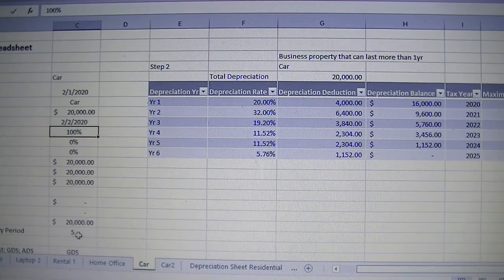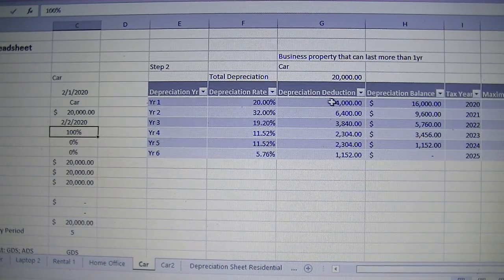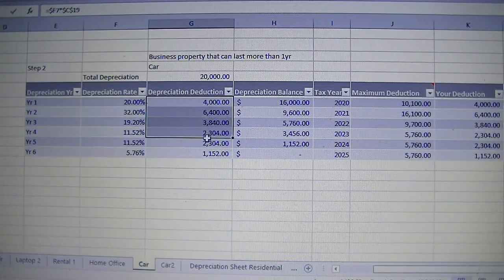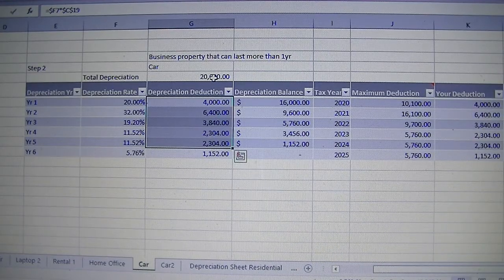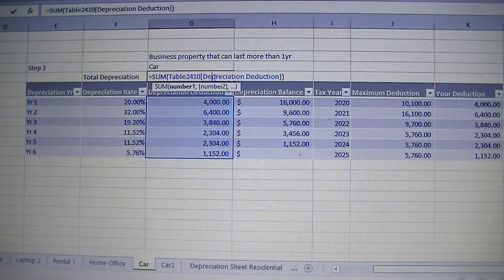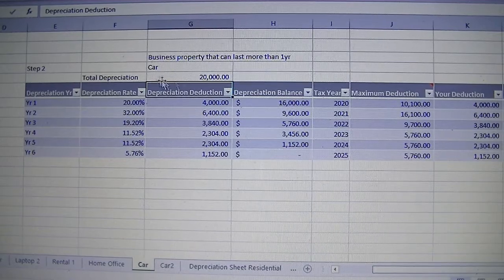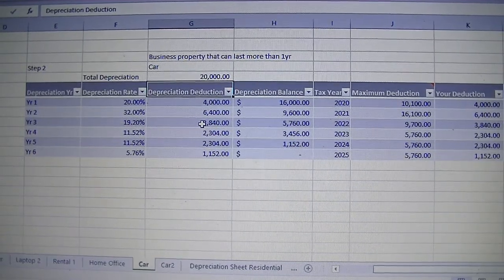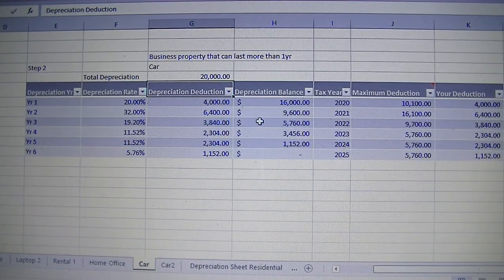So it's going to be the starting basis for depreciation times the rate for every single year all the way to year 6. If well calculated, the total depreciation deduction should equal 20,000, and we have the total up. If it's not, the rate is wrong, or the formula is broken. So you will double check them.